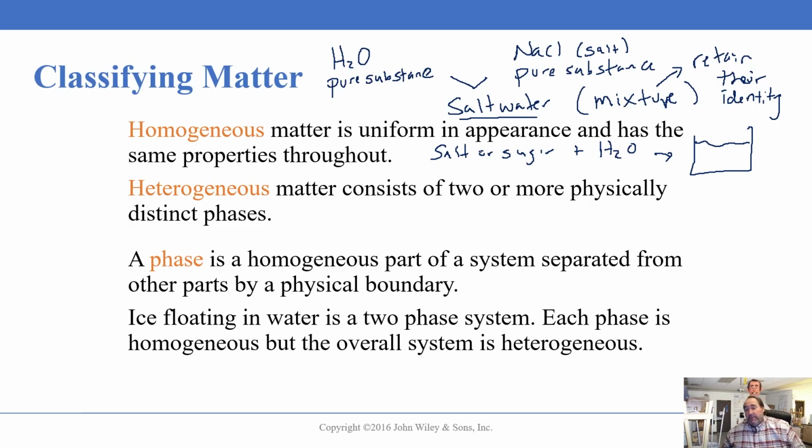A heterogeneous mixture is basically when we have two or more substances that when you mix them, no matter what you do, you will still see different phases or different components. So for example, if you took sand and water and put it together, you can mix that as much as you would like.